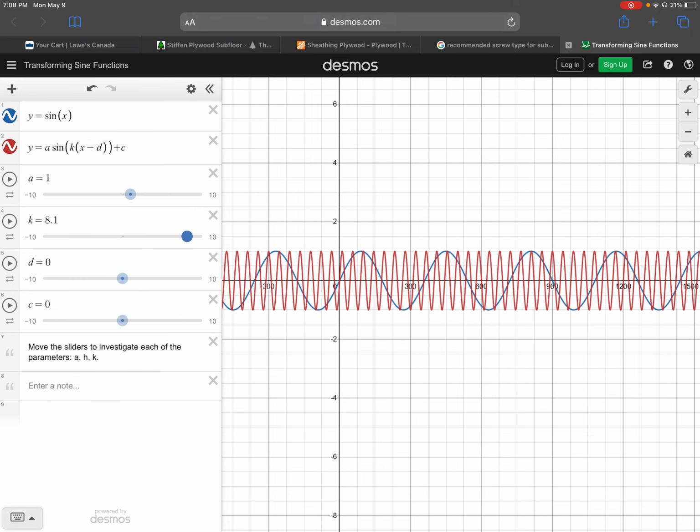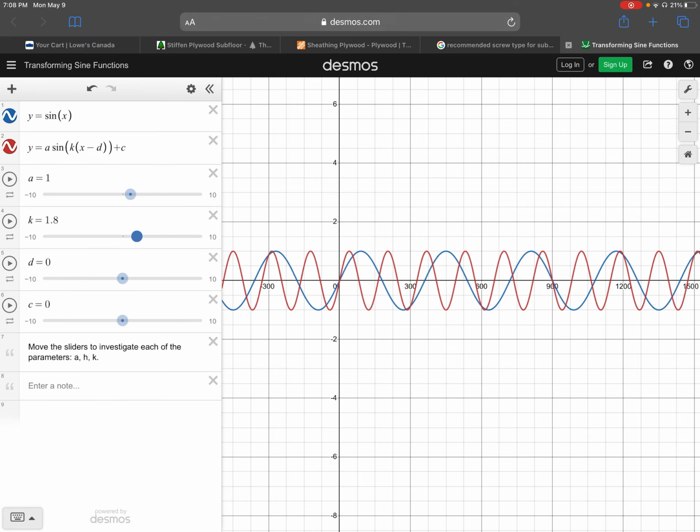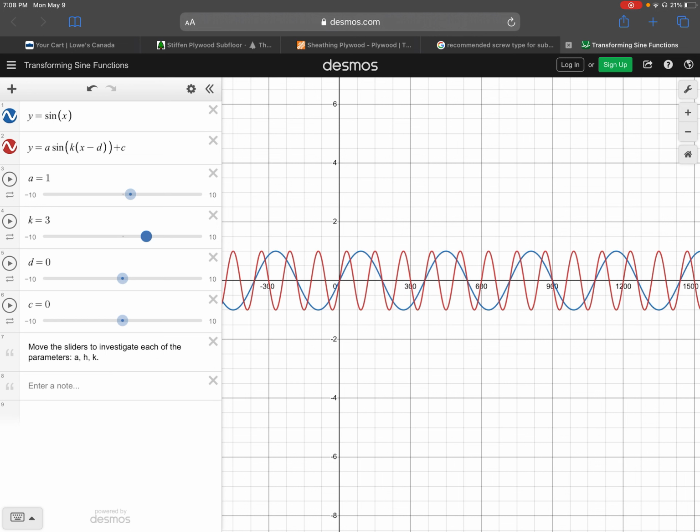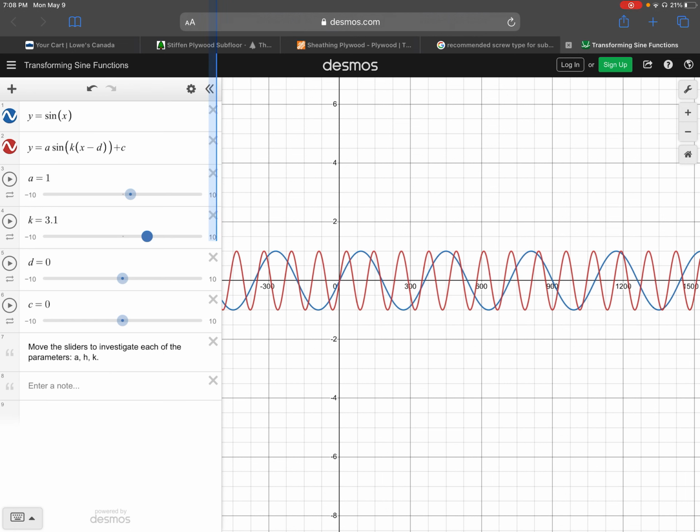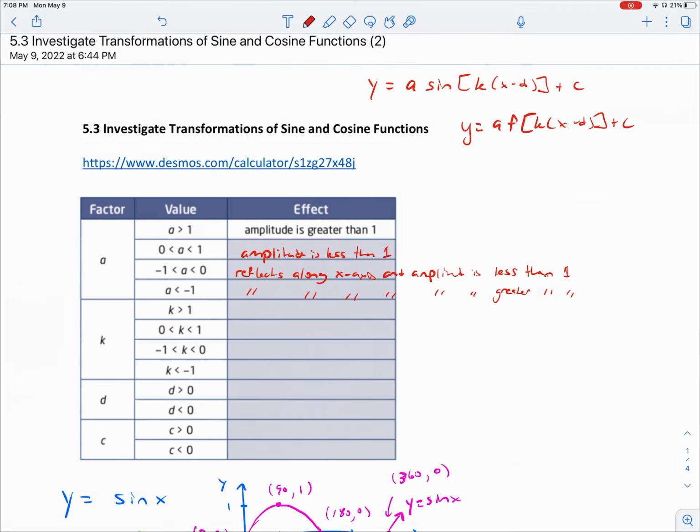Okay, it's being horizontally compressed. So we can say that it's being horizontally compressed. That also means the period is smaller.